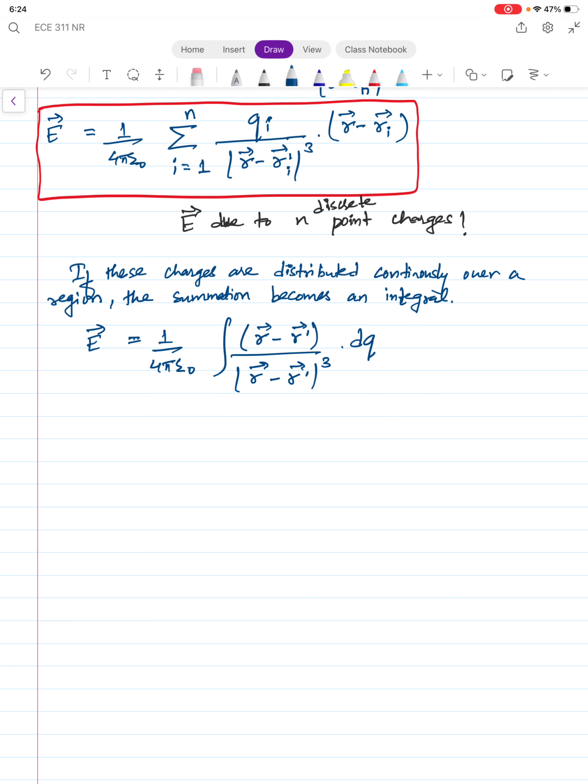Alright, so now we have three scenarios. So what could these charge distributions be? So first scenario, let's say we have these charges distributed over a line, and that is called line charge distribution. So charges distributed over a line. Total charge is q.